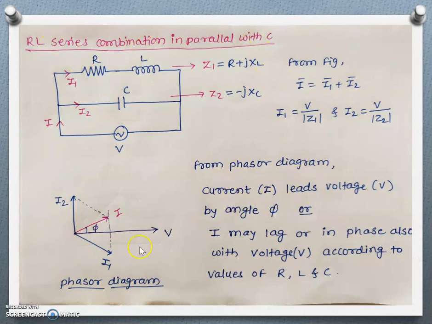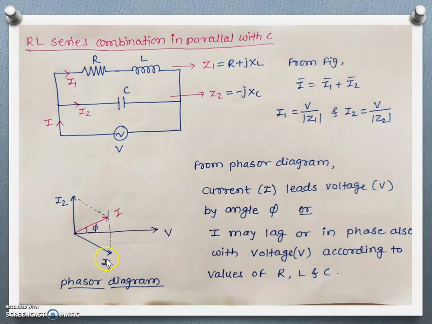From phasor diagram, current I is leading the voltage V by angle phi. But this depends upon the values of I1 and I2. If suppose I1 is far greater than I2, then the resultant current will be here, so it will lag the voltage V. If I2 is far greater than I1, then current I leads the voltage.